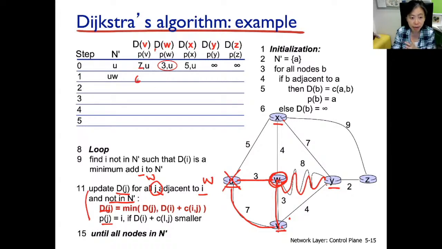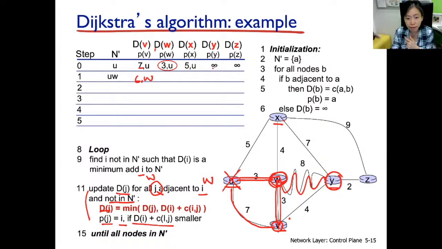And that is indeed better. So 6. And in case the new path is better, we'll set the predecessor to the new node we're hopping through. So V is now taking W as the predecessor, and the minimum cost from the source is only 6.